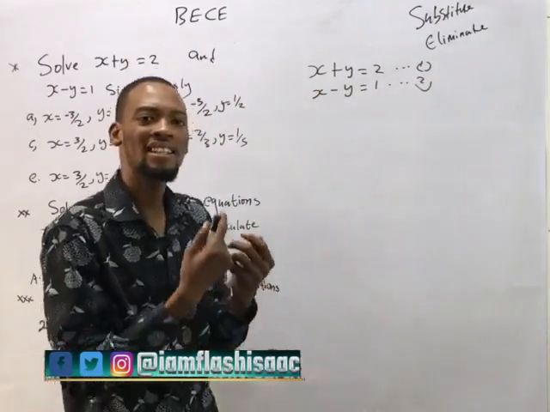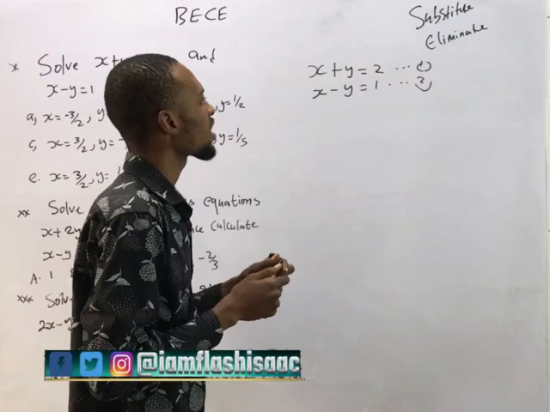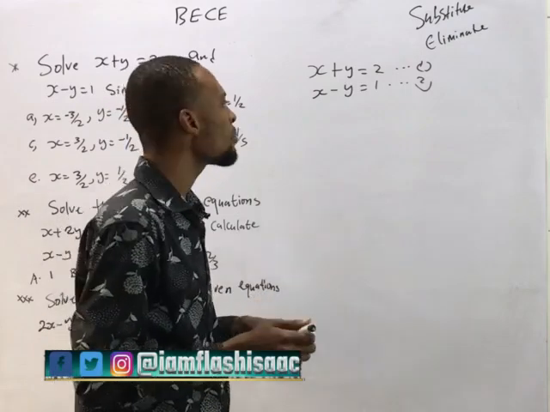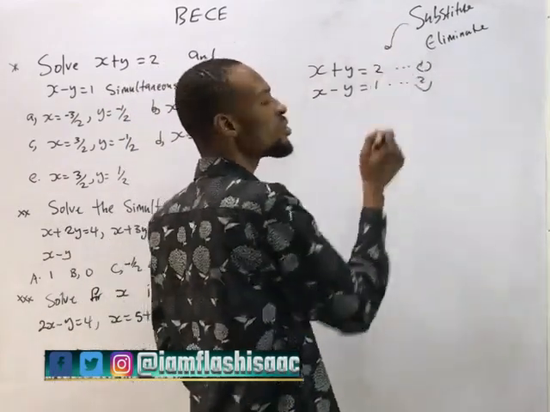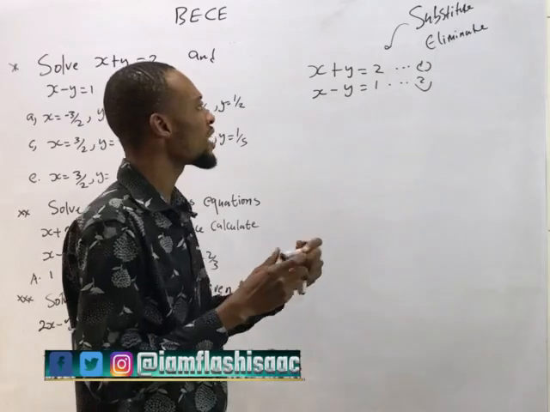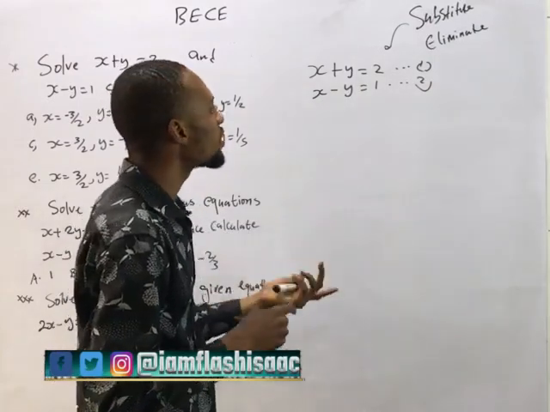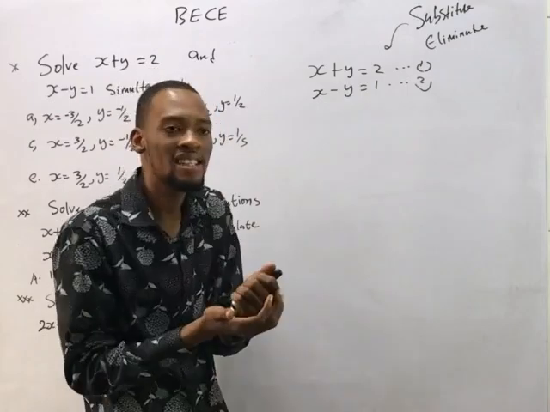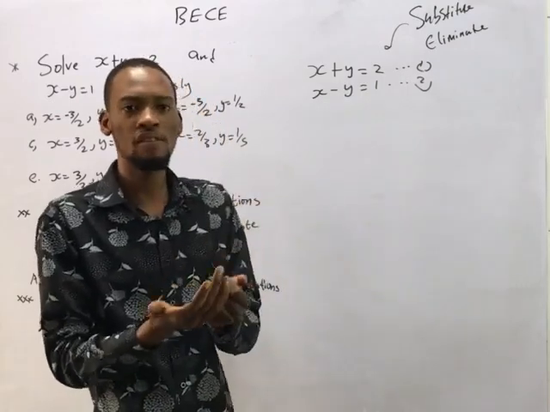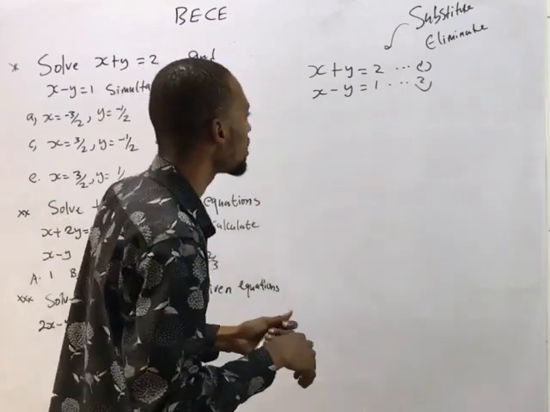We've numbered the equations. After numbering the equations, remember, we are using the substitution method. You can use any method to solve. But if you are using the substitution method, this is what we do. Look for one of the equations and make s or y the subject of the formula. Look at what I mean.